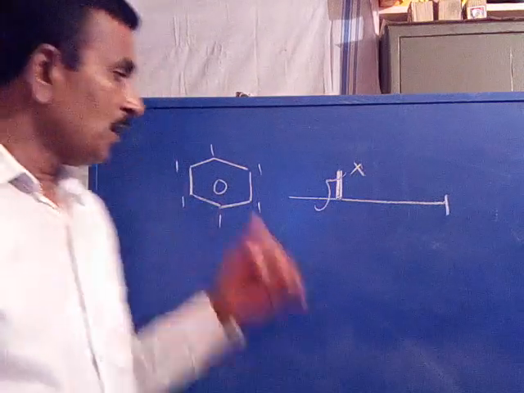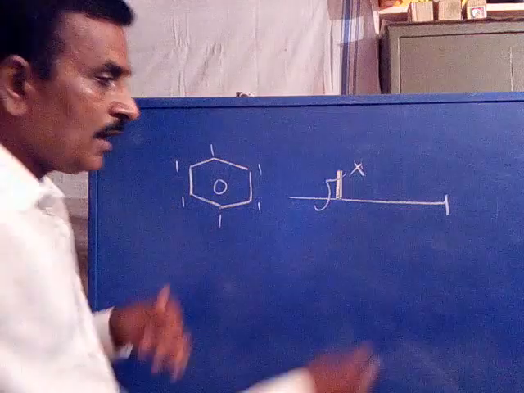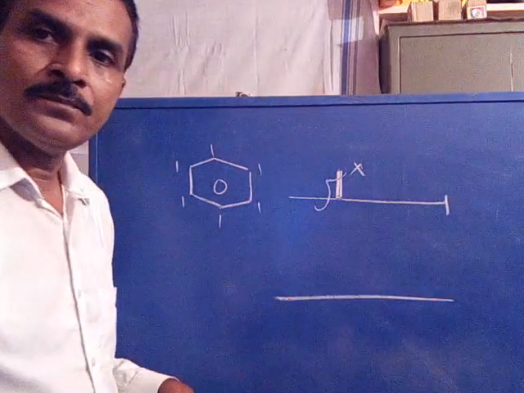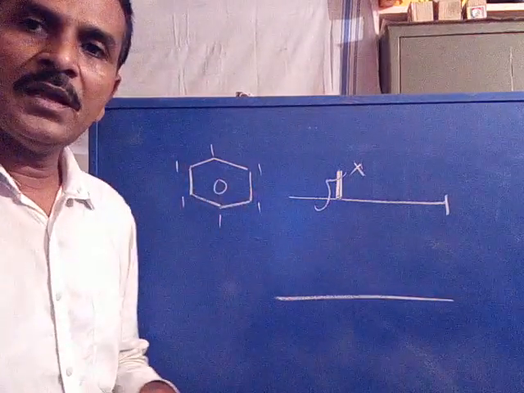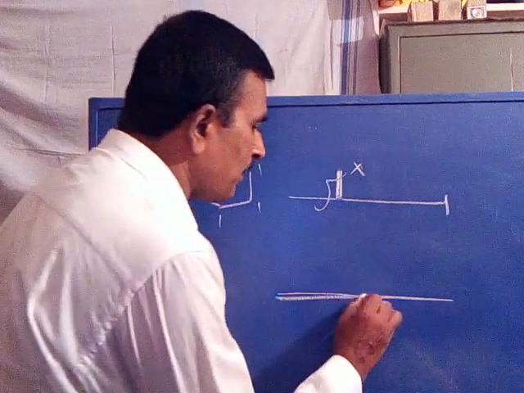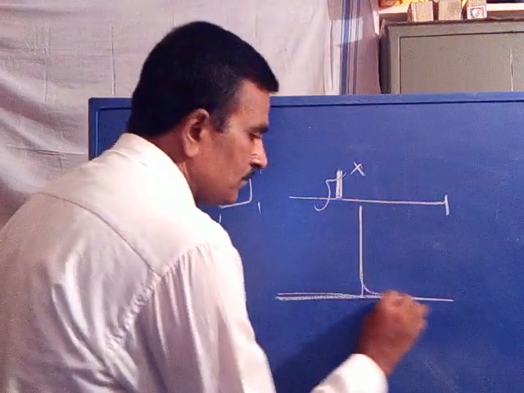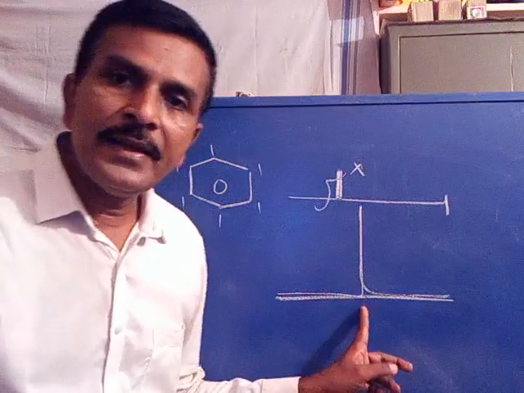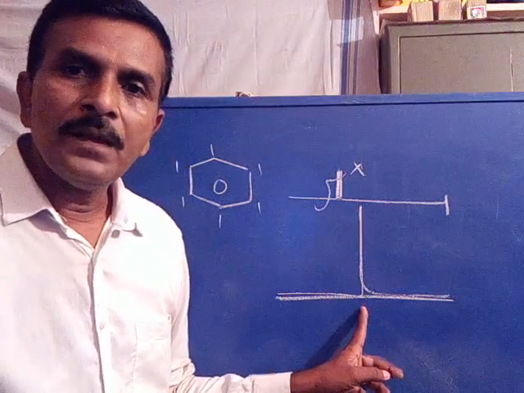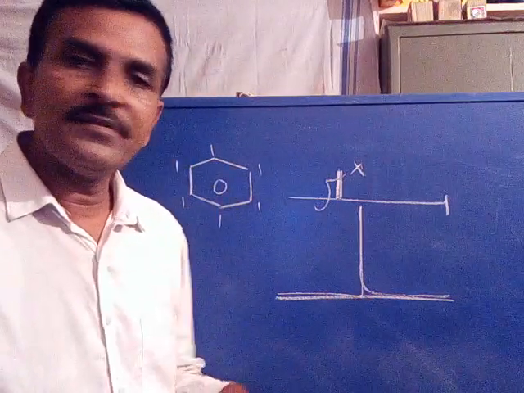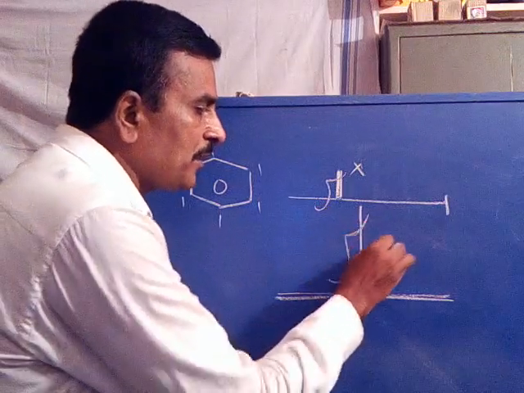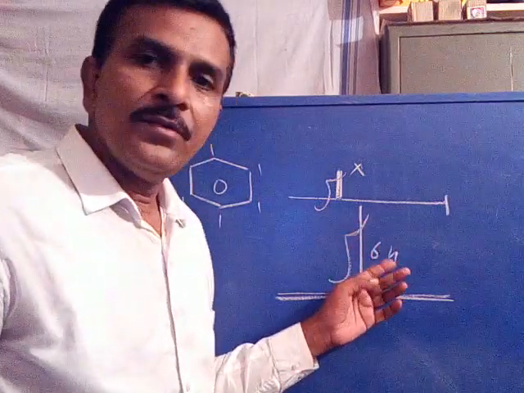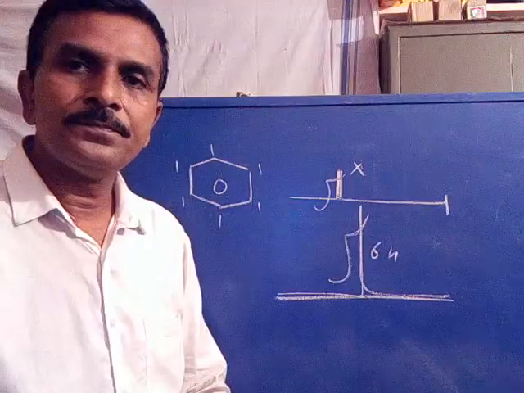Whereas if you take the same benzene and record its proton NMR spectrum, where all the protons are equivalent, you will find one sharp and intense signal. One signal indicated equivalent protons may be present. Its integration is possible. We can say 6 hydrogens.